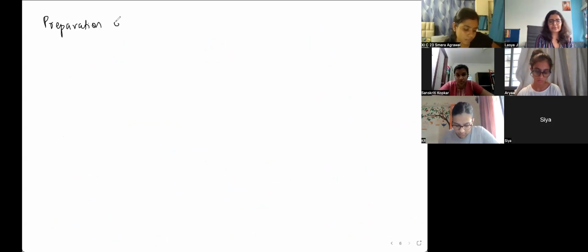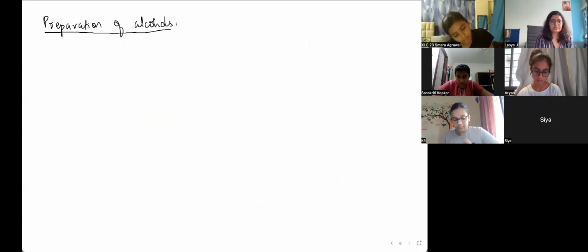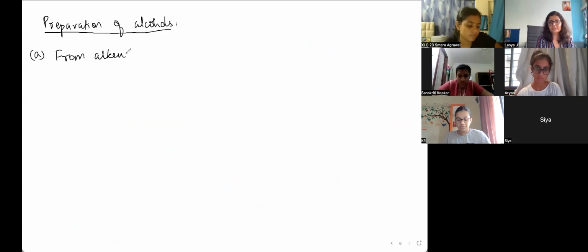So look at preparation of alcohols first. Then we'll look at phenols afterwards. So the first few methods of preparation would be from alkenes. So alkenes का structure क्या है? Double bond.